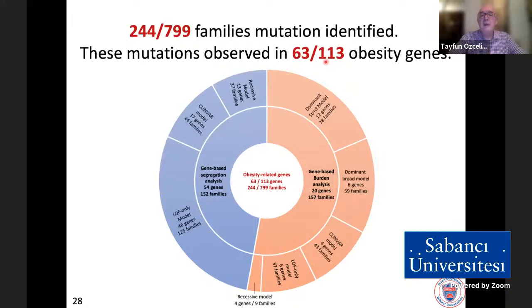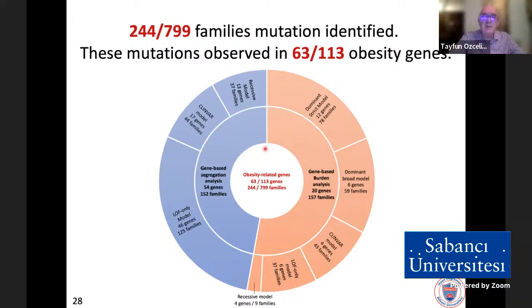This is a large number, 30%. So of the 113 obesity-associated genes, we found that 63 genes are harboring mutations in our cohort.